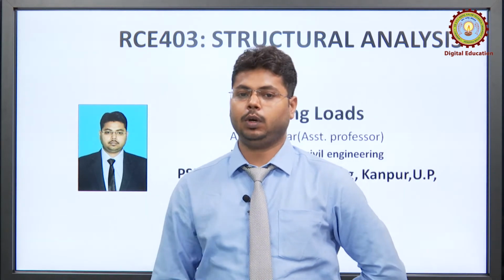Hello everyone. In this lecture we are going to discuss rolling loads, and in the previous lecture we discussed influence line diagrams. Next we are going to deal with rolling loads.